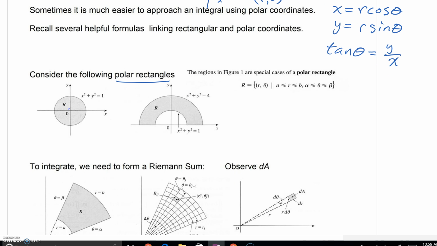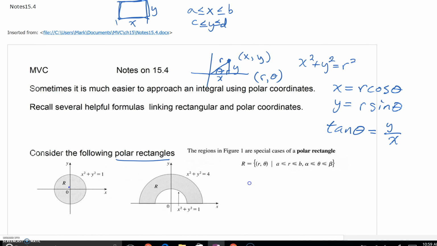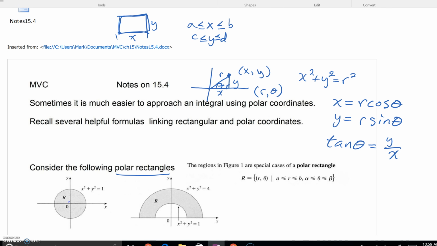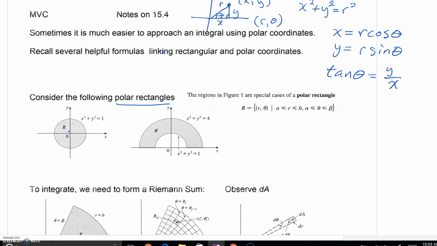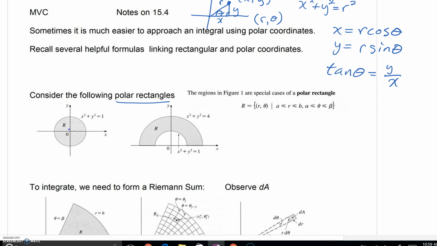Consider the following polar rectangles. We look at this circle, and the very first thing we think is, why in the world are we even calling this a polar rectangle? Well, in Cartesian coordinates, our variables had some boundaries. Now we're working in r and in theta. If we've got this all darkened in, r is between 0 and 1.